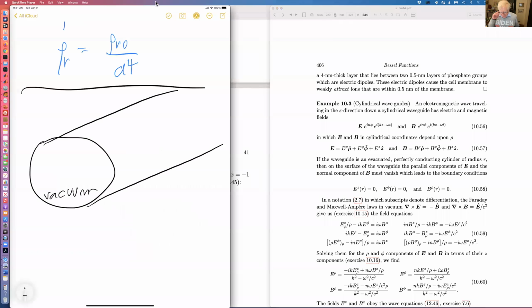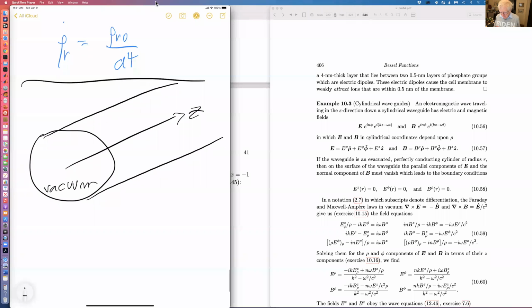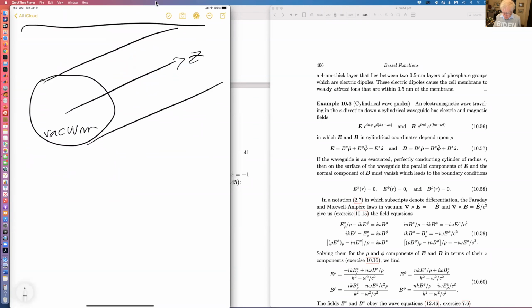It's just so easy for me to assume that you see what I see. Okay, so here's our cylindrical waveguide vacuum. The z direction is this way. And the electric and magnetic fields then are some vector E of rho, phi, and I guess just of rho and phi, in fact, because we already know what the z dependence is.